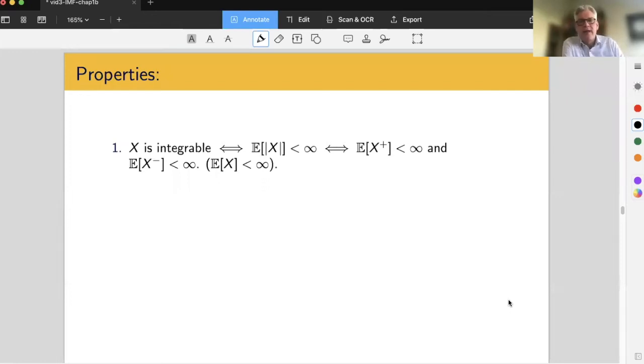Okay, welcome back. Let's look at some properties of the expectation. Expectations are linear functions, and linear functions we understand very well.